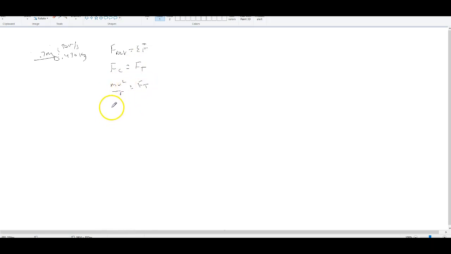The mass is 0.430, his velocity is 30 meters per second, squared, divided by the radius, which is 0.7, equals force of tension. Throw that all in my calculator, and I get a whopping 553 newtons.